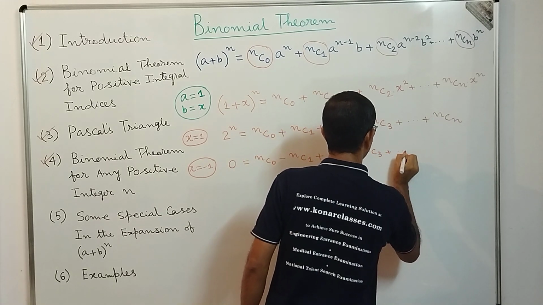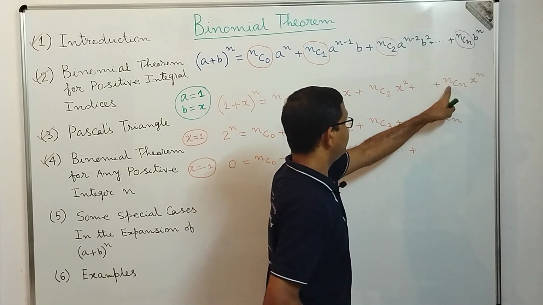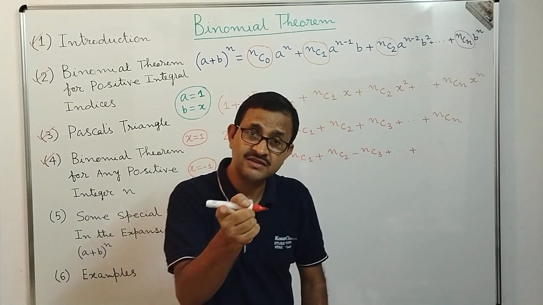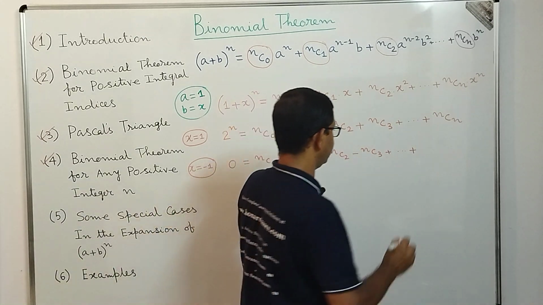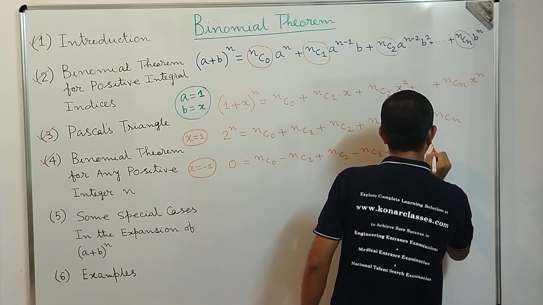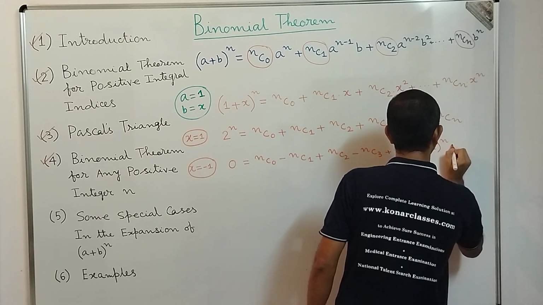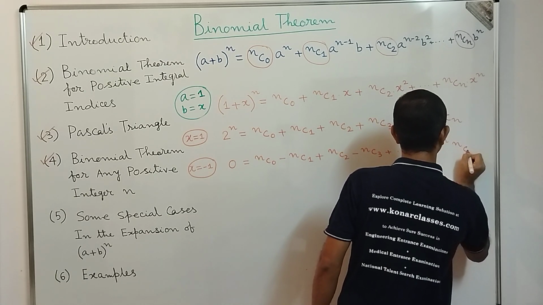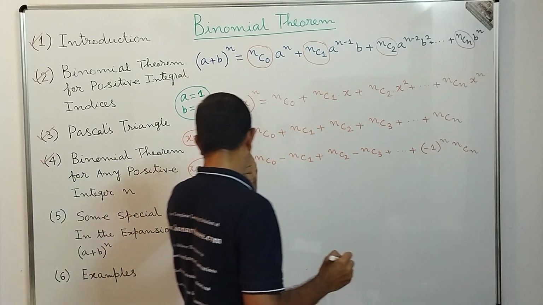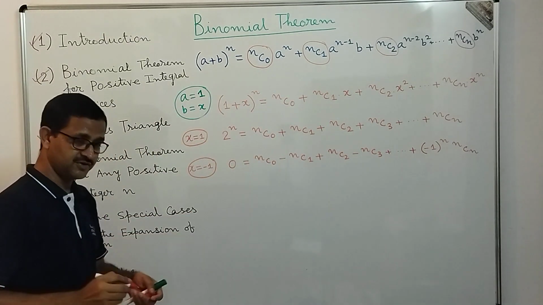In that way it will continue, plus nCn into x power n, and x is minus 1, so plus minus 1 power n into nCn. So this is also another important result.